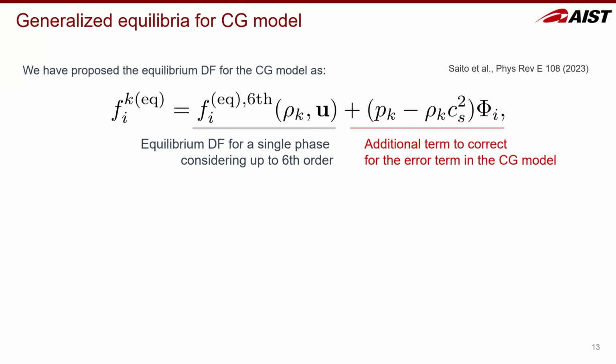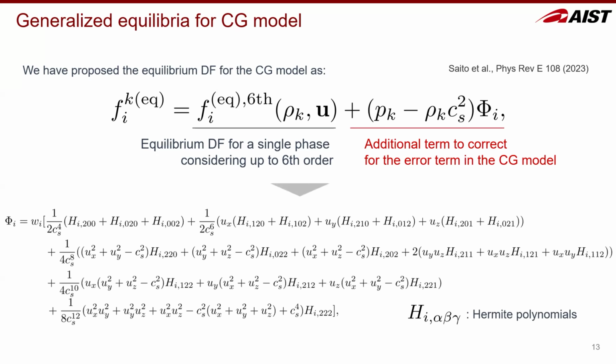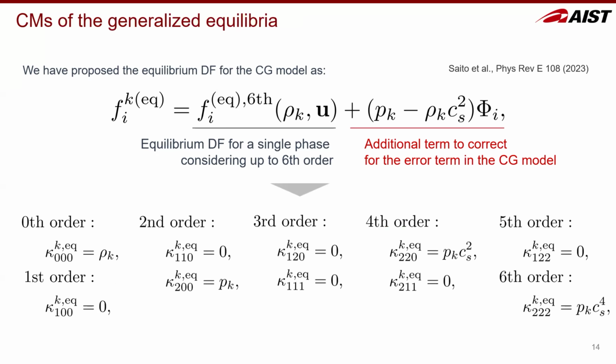And by using the pressure minus rho cs squared proportional terms, we derived an additional term to correct for the error terms in the CG models. By this approach, the term you can see here is represented by these expressions using Hermite polynomials defined here.